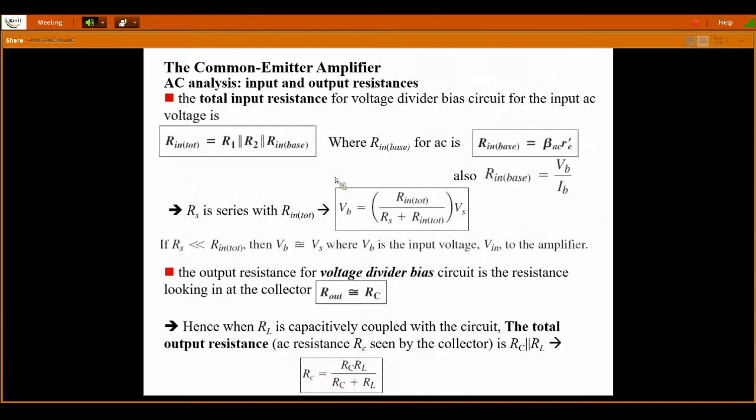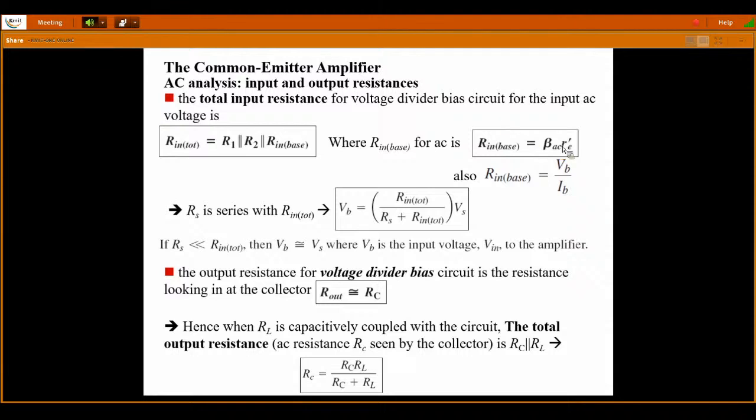So the total input resistance is equal to R1 in parallel with R2 in parallel with the input resistance of the CE amplifier at the base. The base is my input, hence I have mentioned it as the input resistance at base. The input resistance of the base of the CE amplifier is equal to beta AC times RE dash. This we can get using your simplified RE model.